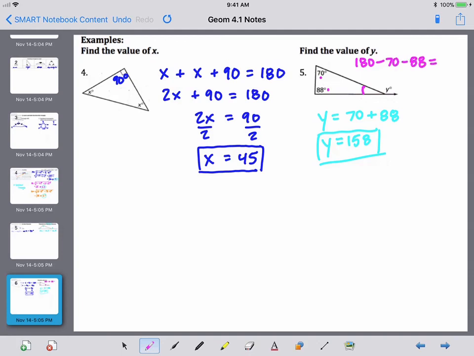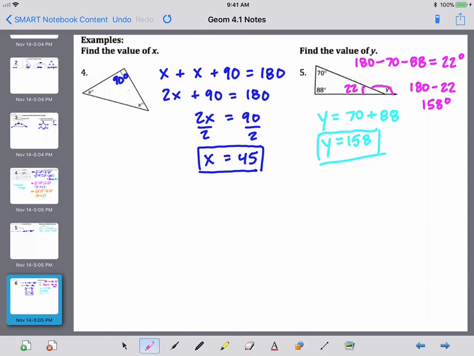And if you did the math there, you would end up with 22 degrees for that acute angle down here. All right, and now if you know that's 22, well, this here, angle y, is a linear pair to 22. So if you did 180 minus that 22 degrees, you would still end up with y equals 158.